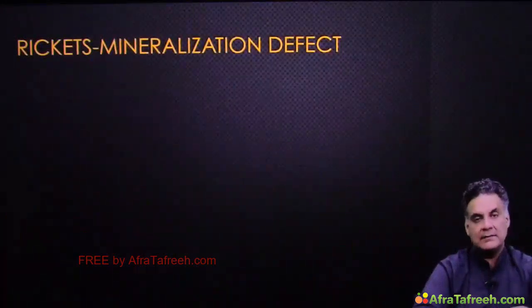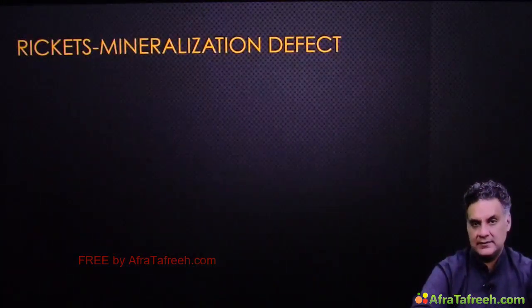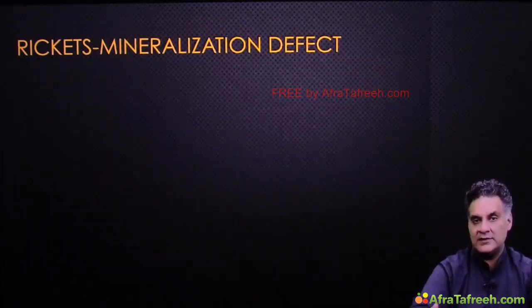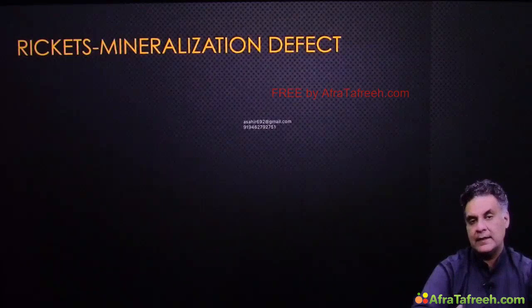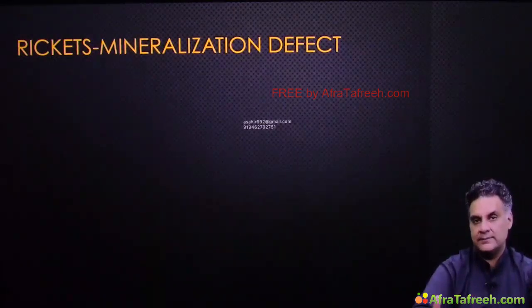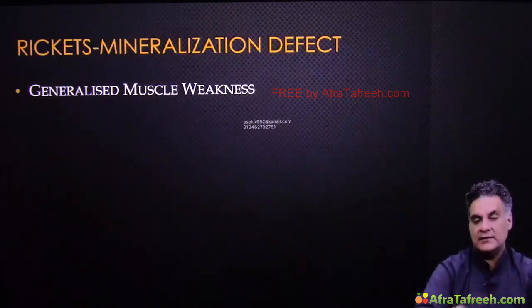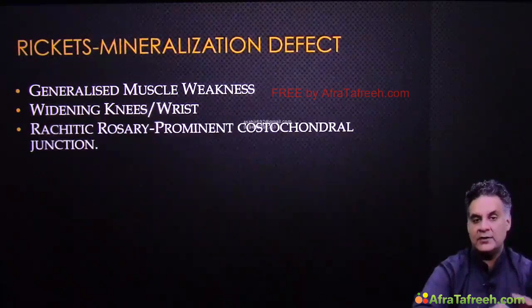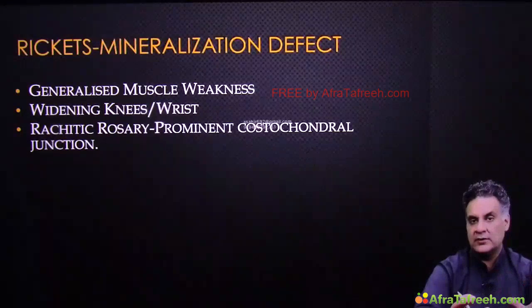Rickets is a mineralization defect. It can be because of vitamin D deficiency, calcium deficiency, or phosphate disorder, and it occurs in a growing skeleton. In rickets, there is generalized muscle weakness, widening around the joints, and a prominent costochondral junction called the rachitic rosary.